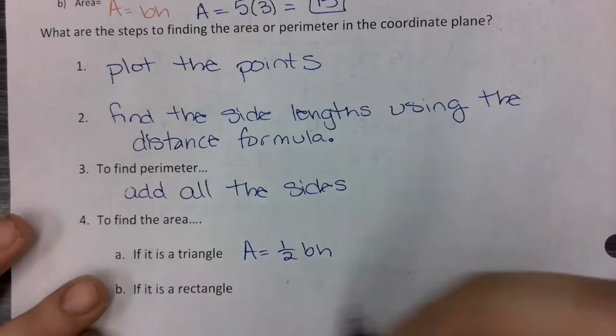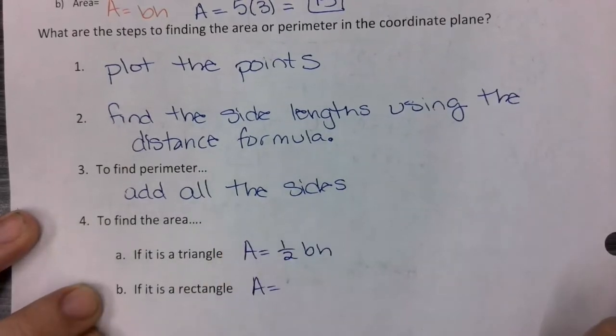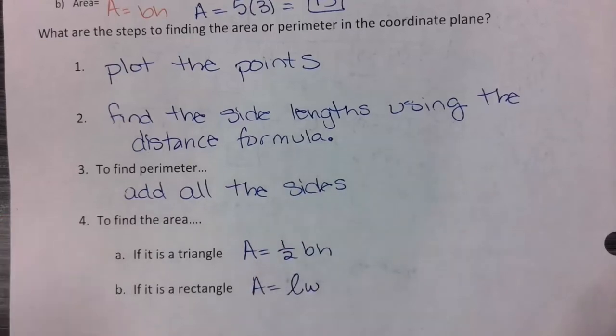And then area of a rectangle? It's on the front side. That's on the bottom. Okay, so questions here.